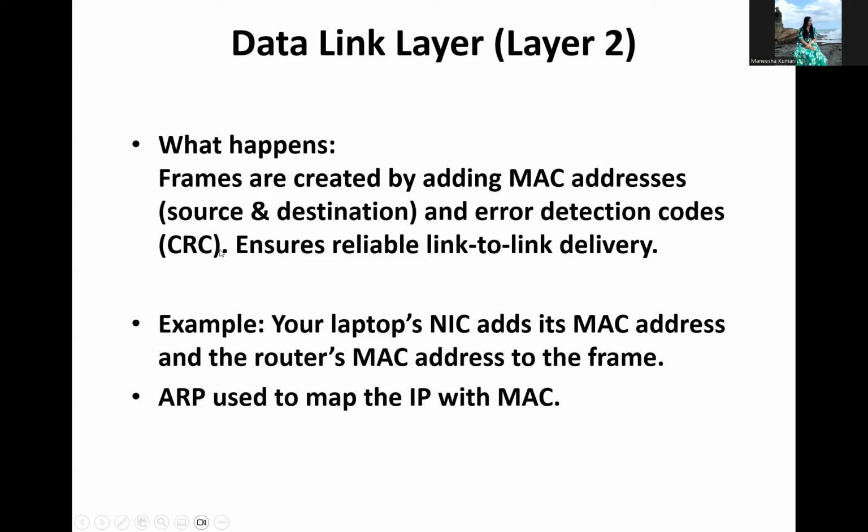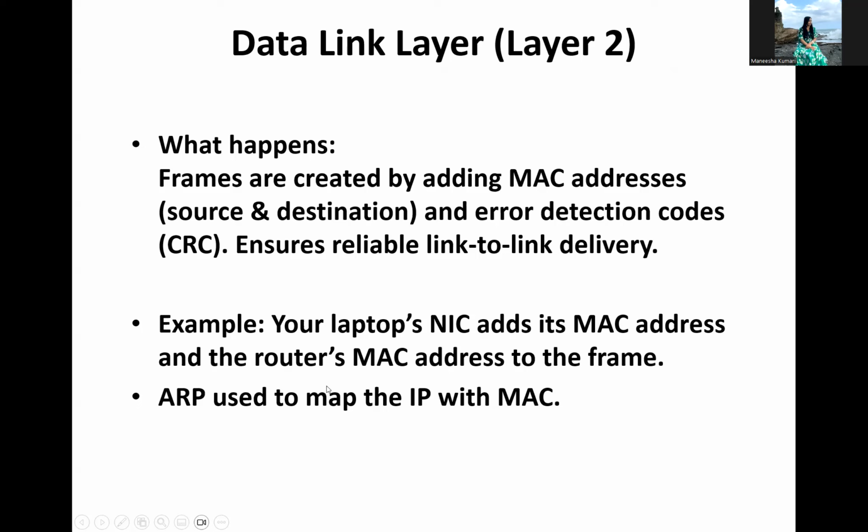CRC ensures reliable link-to-link delivery. For example, your laptop NIC, which is the network interface card, adds its MAC address and the router's MAC address to the frame. ARP is used to map the IP with the MAC. ARP is Address Resolution Protocol.